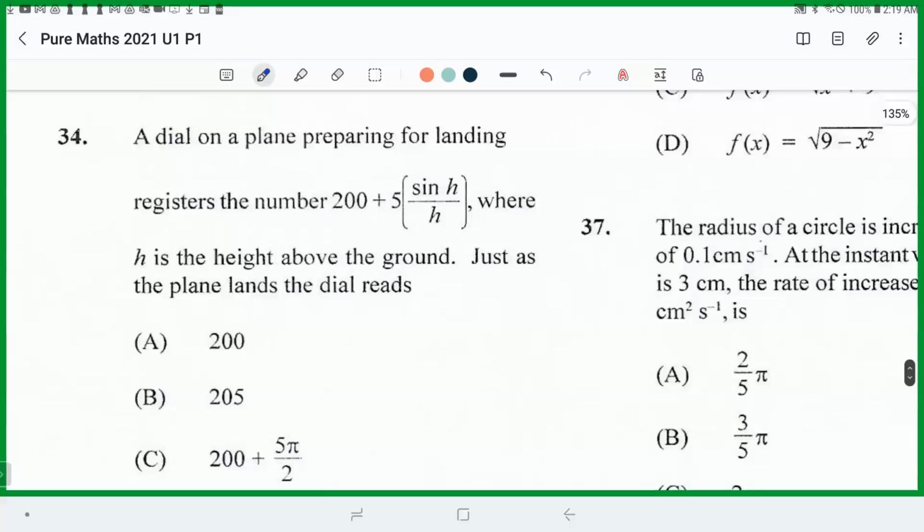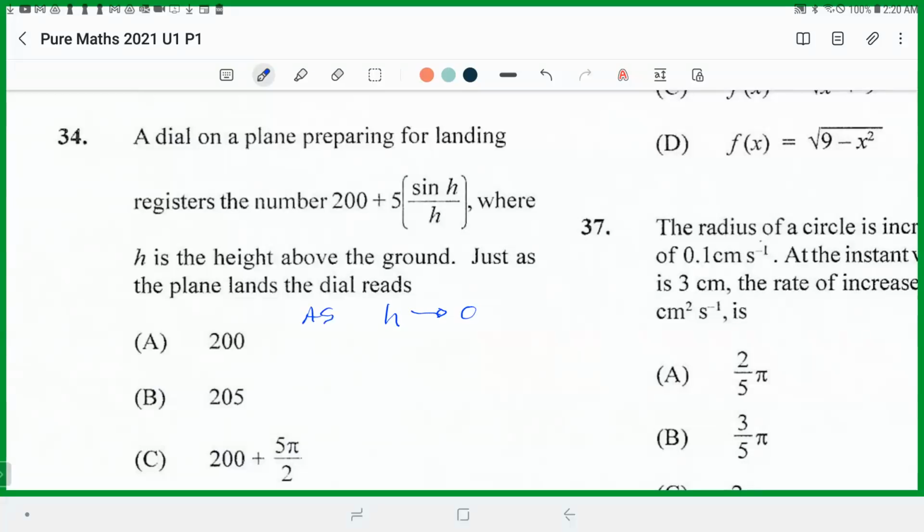The dial on a plane preparing for landing registers the number, where h is the height above the ground. Just as the plane lands, the dial reads what? Just as the plane lands, the height h is tending to 0.